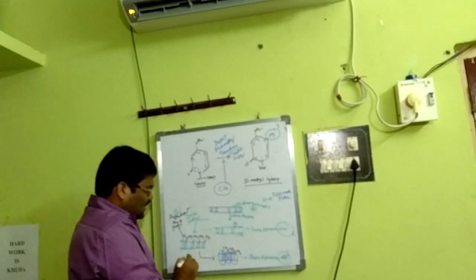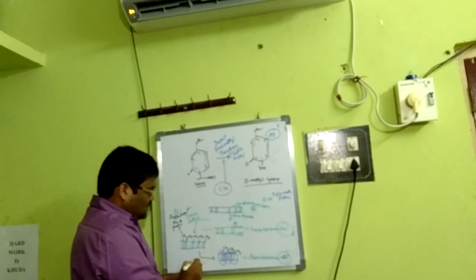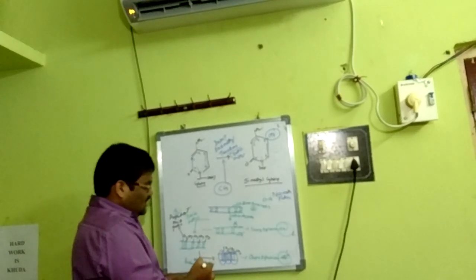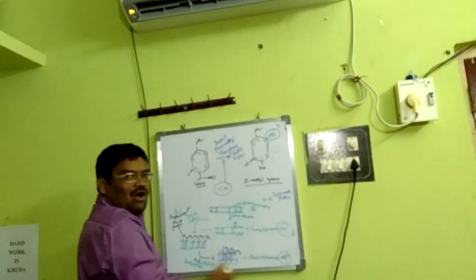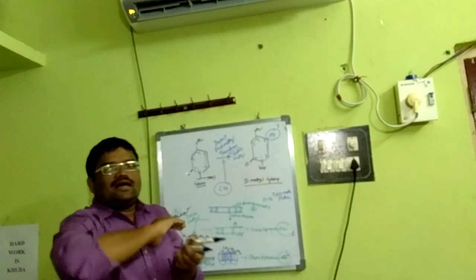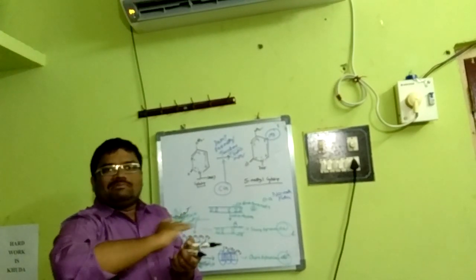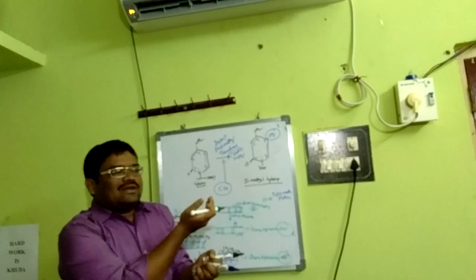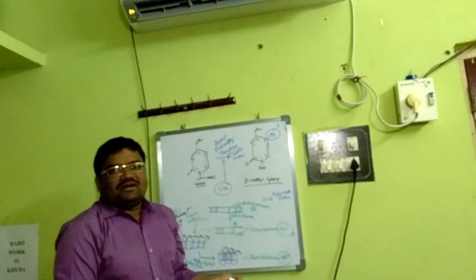Then here the methyl cytosine binding proteins, which are very important, will bind and block, and there is no transcription. That means they will close off the gene so that the transcriptional elements shall not participate.